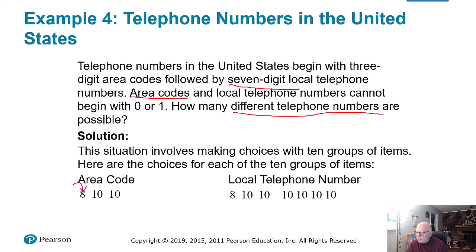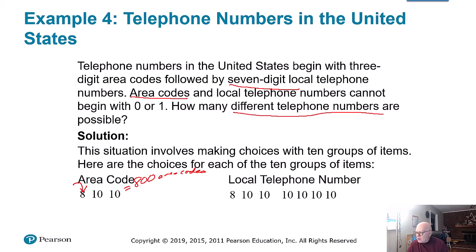However, we're talking about all the telephone numbers that are possible. Again, the local telephone number, the first digit can't be a 0, can't be a 1. Those are out. So 8 possible digits for the first digit in the 7-digit local telephone number. 8 for the first, then 10, 10, 10, 10, 10 possibilities for each one.